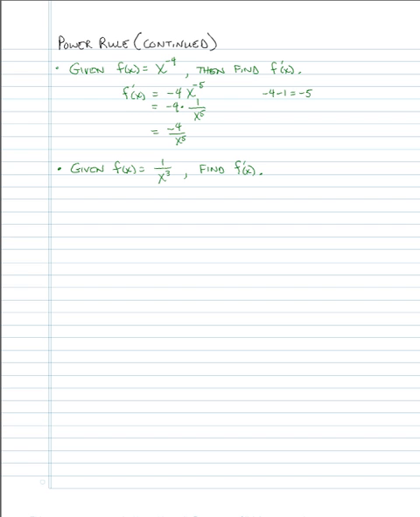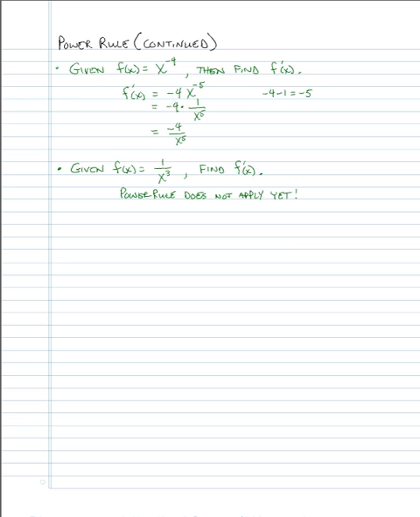And the power rule doesn't say what happens when we have 1 over x to a power. It just tells us what we do when we have x to a power. So the power rule does not apply yet.